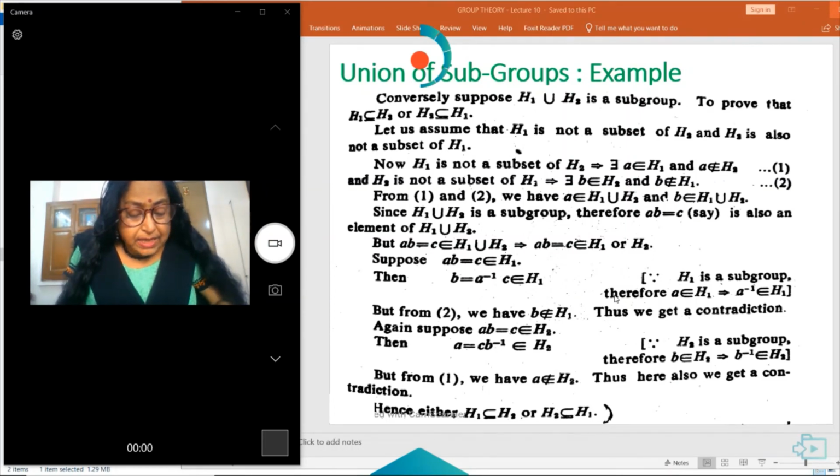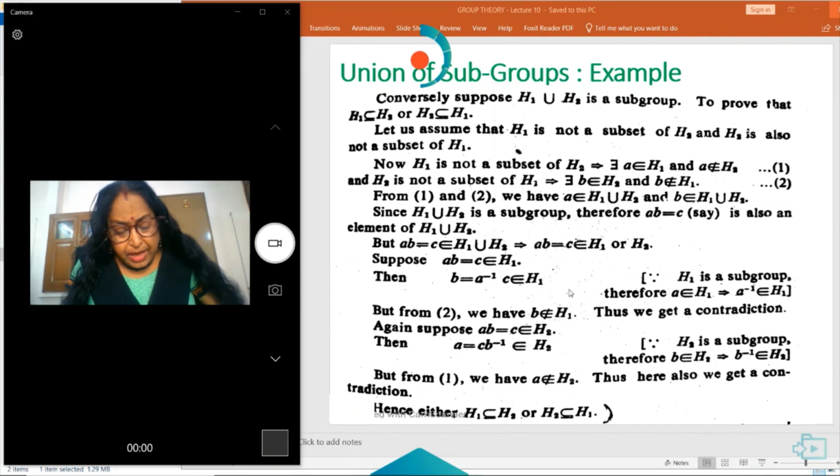From 1 and 2, we can say that A belongs to H1 union H2 and B belongs to H1 union H2. Since H1 union H2 is a subgroup, AB equal to C, say, is also an element of H1 union H2. This implies AB equal to C belongs to H1 or H2. Suppose AB equal to C belongs to H1.